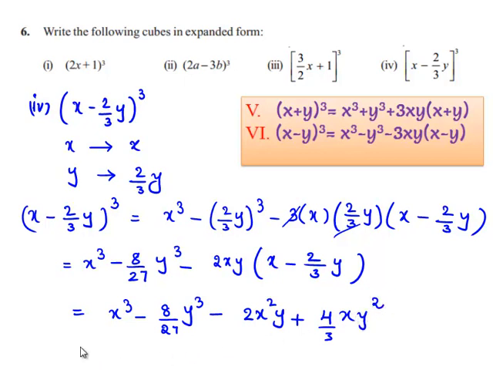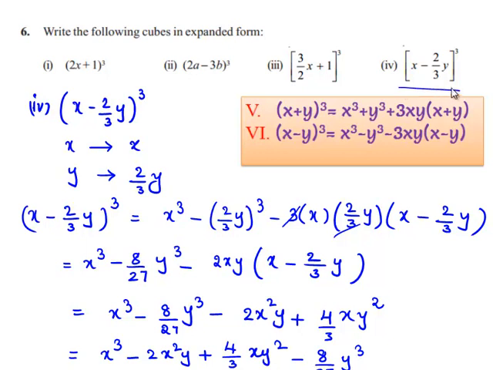So this is equal to x cube minus 2x square y plus 4/3 xy square minus 8/27 y cube. Therefore, the given expression, which is (x - 2/3 y) whole cube, can be written as x cube minus 2x square y plus 4/3 times of xy square minus 8/27 times of y cube.